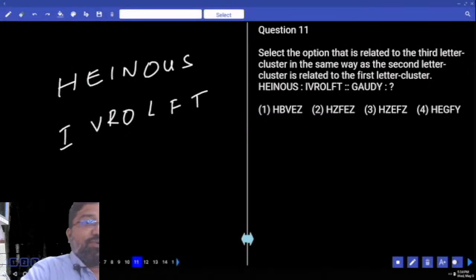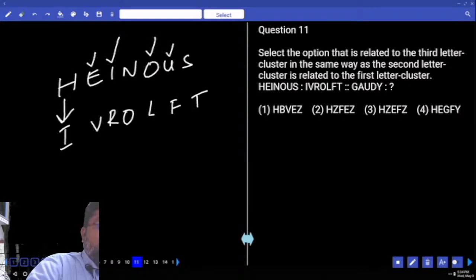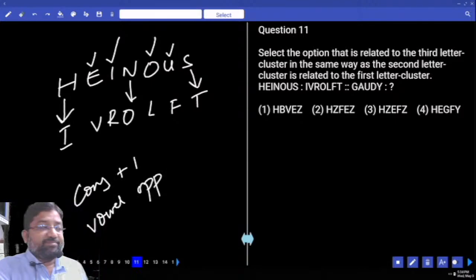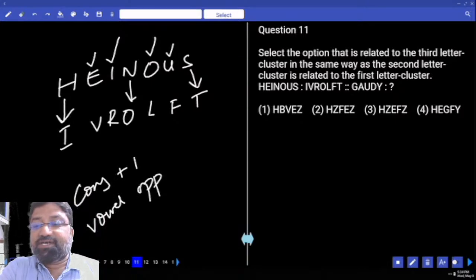But I have opposite only for vowels. E, V, I, R, O, L, U, F. H and I are consonants. So the logic is consonant plus 1, vowel, done. G, consonant or vowel?